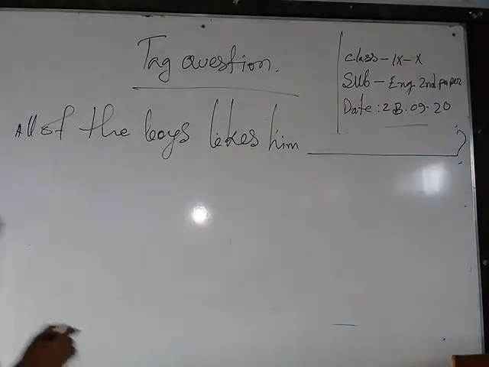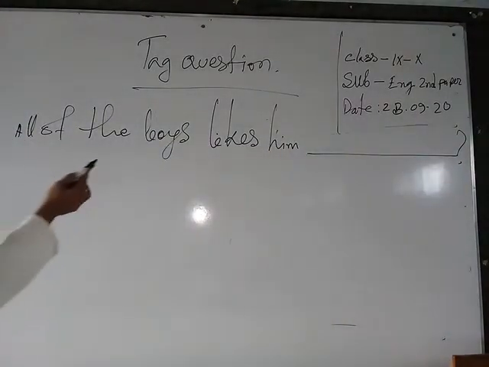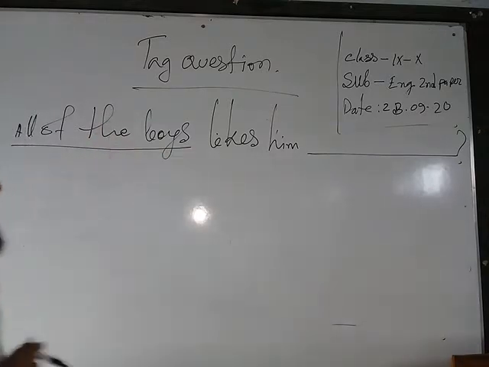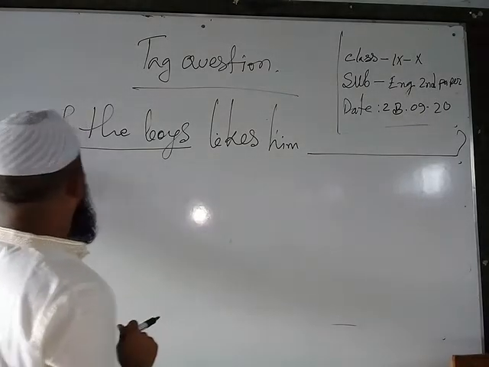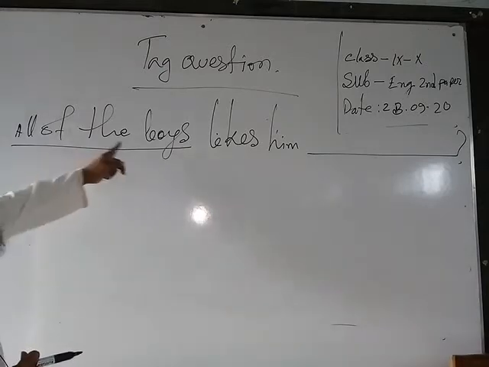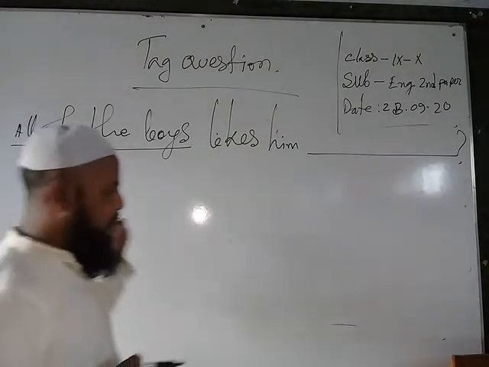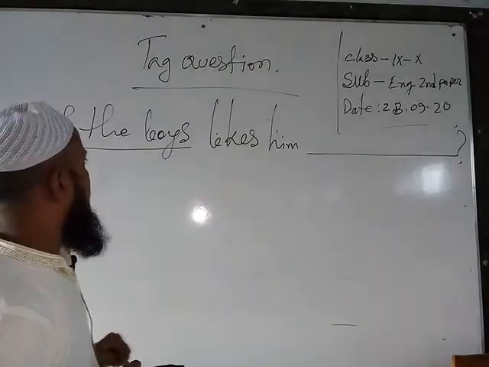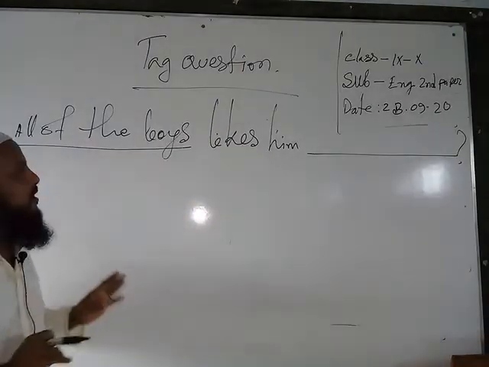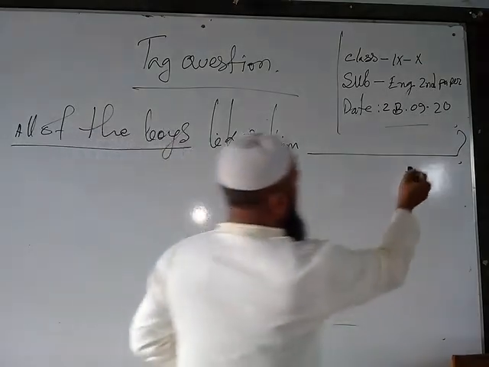Here, dear student, in this sentence we see that all of the boys is the subject. If the sentence starts with all of, some of, any of, none of, then the subject is third person plural, so we use they as a pronoun.